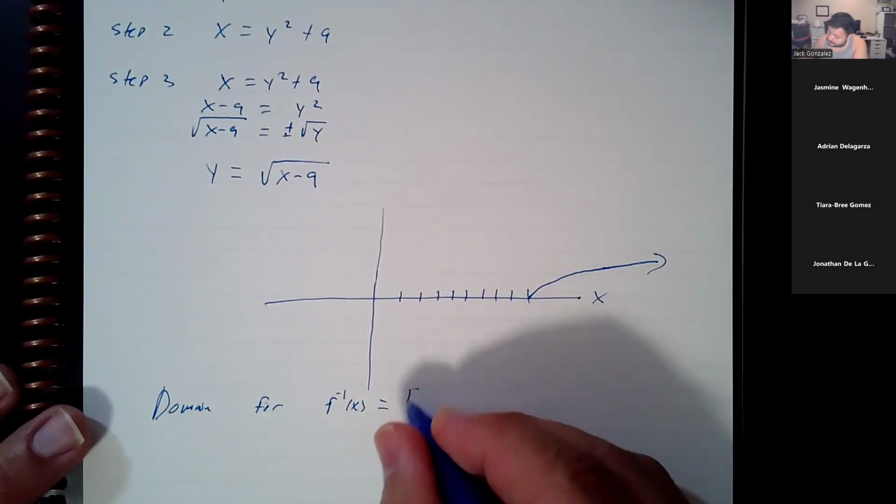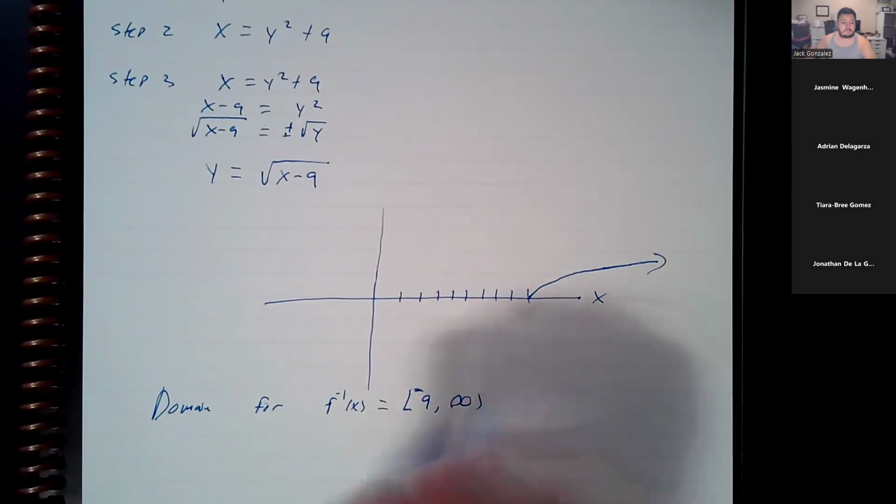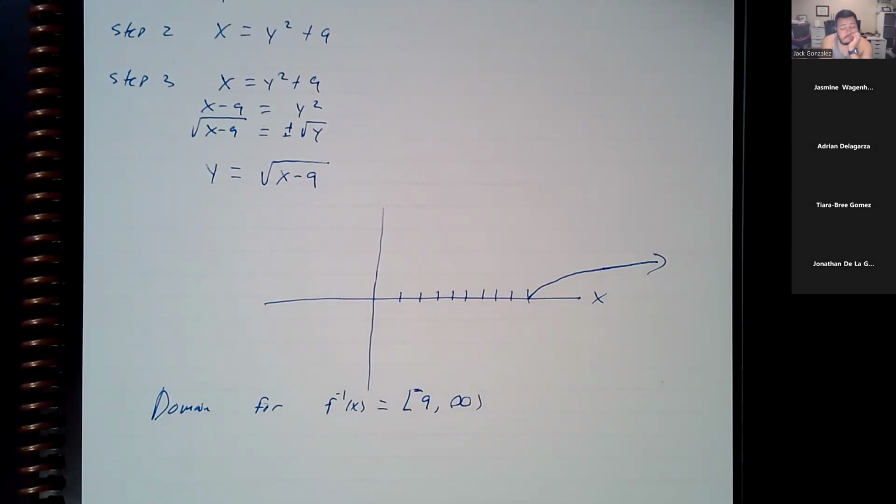It's going to be bracket 9 till infinity. Are there any questions on number 5? All right. Not too bad, right?